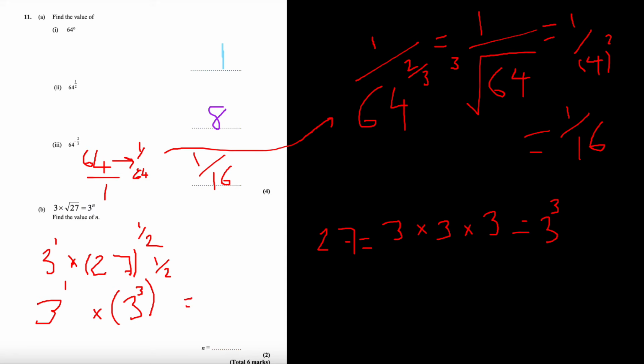Okay, so simplifying this now, 3 times a half is going to give 3 to the 3 over 2. So I'm going to have 3 to the 1 times 3 to the 3 halves. Remember that when I have a power raised to another power, I multiply those powers together. So 3 times a half, we should know that that's equal to 3 halves.